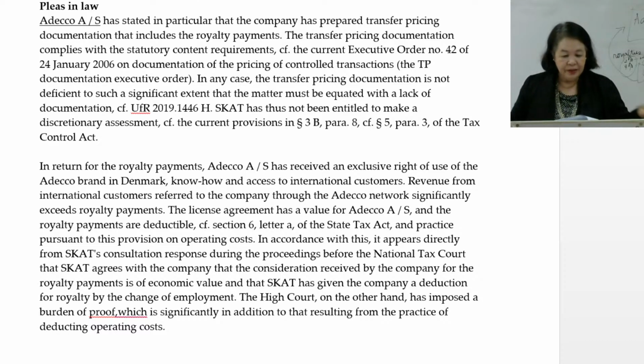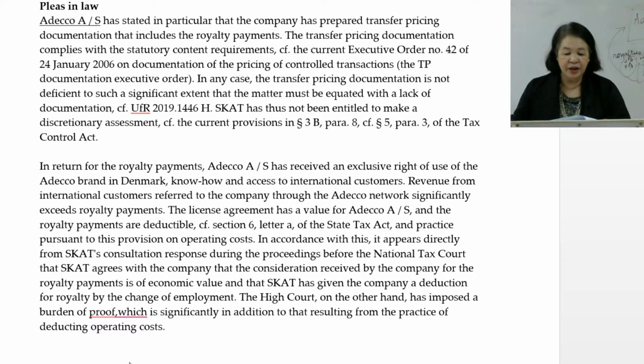Okay. Tapos na yung mga tatlong testimony ng mga pinresent ng Adecco sa court, no? So, ano na ngayon? Place in law, no? Adecco AS has started in particular that the company has prepared transfer pricing documentation. Ito na, no? So, nire-reiterate na nila dito yung transfer pricing documentation.